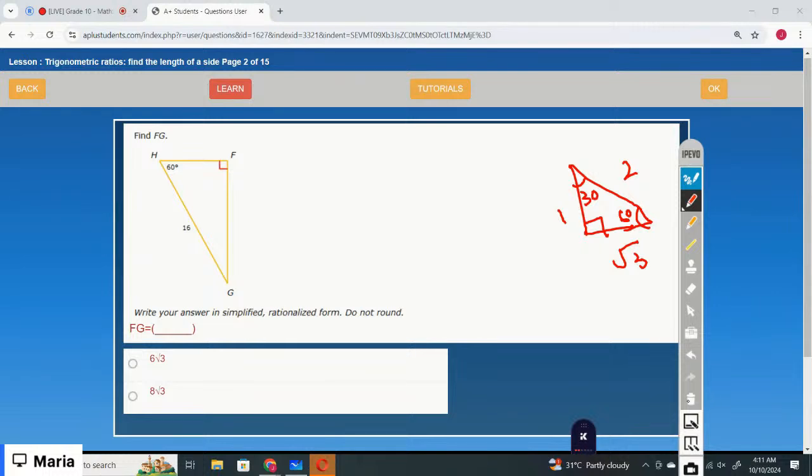No, sorry. This is 60. This is 1, this is 2, and this is square root 3.